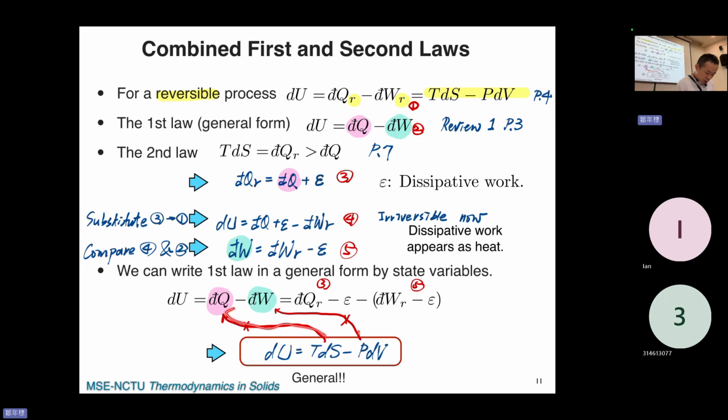But individually, they are not equal. All right, so you need to be careful.